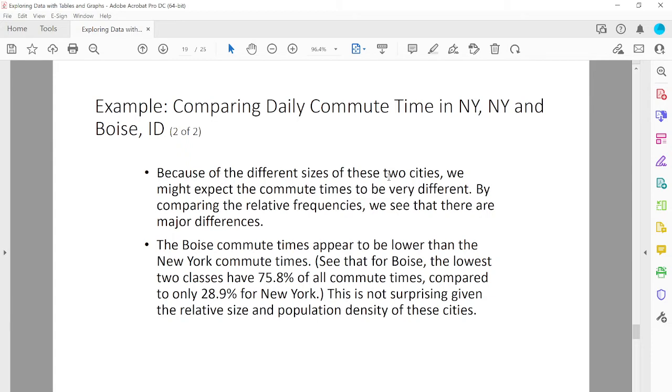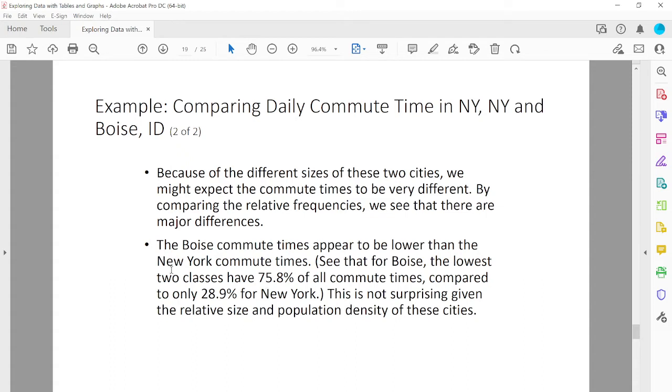Because of the different sizes of these two cities, we might expect the commute times to be very different. By comparing the relative frequencies, we see that there are major differences. The Boise commute times appear to be lower than the Newark commute times.